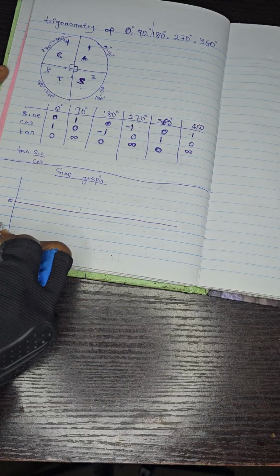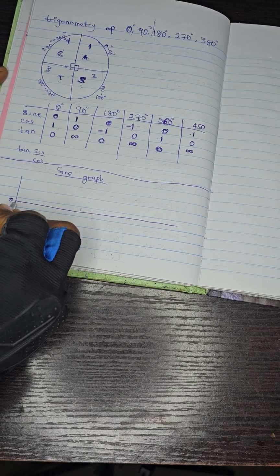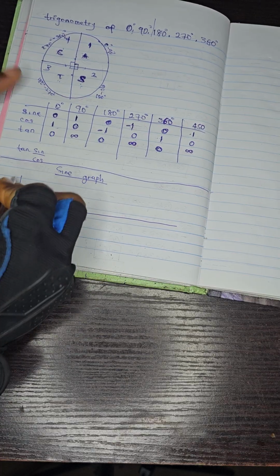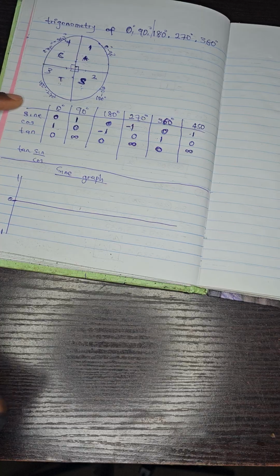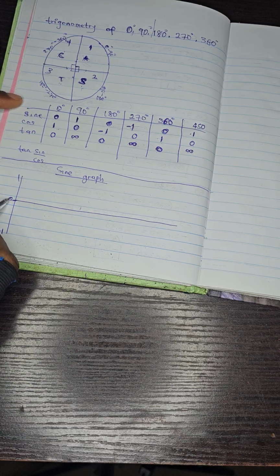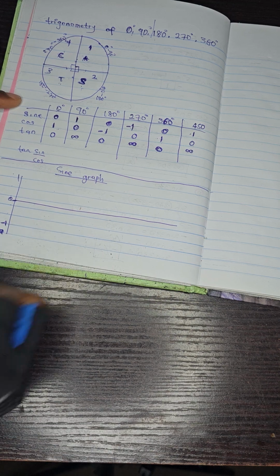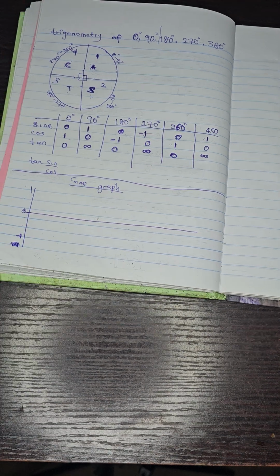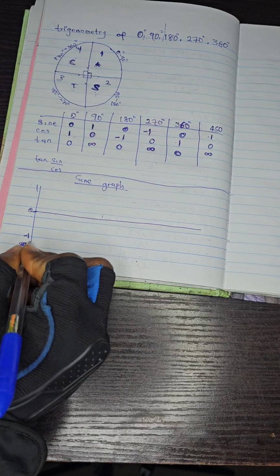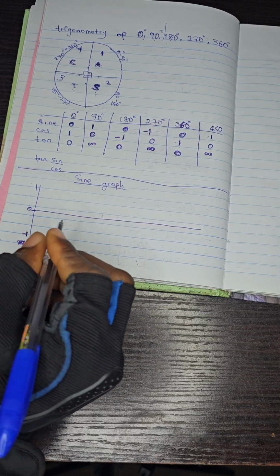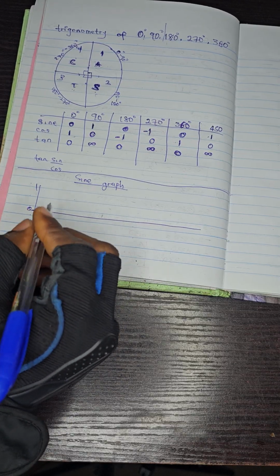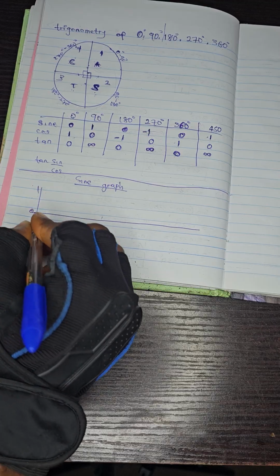We have 0 here. We all know that below the axis is negative. We have negative 1. We have positive 1. Mind you, I'm not drawing this to scale. This is 0, 1, 2, 3. Let's put this negative 1 here, so it will look almost the same. So from here now, sine starts from 0.